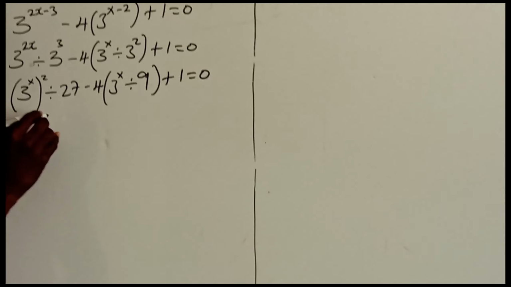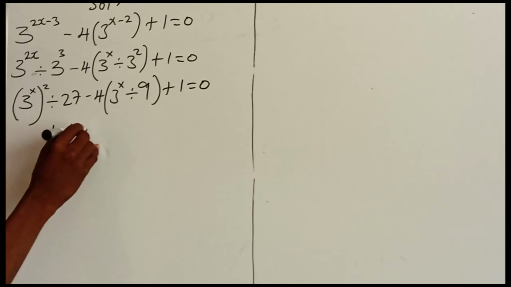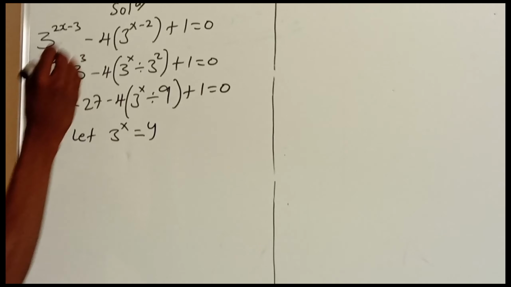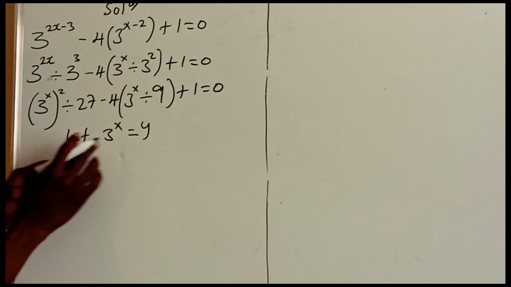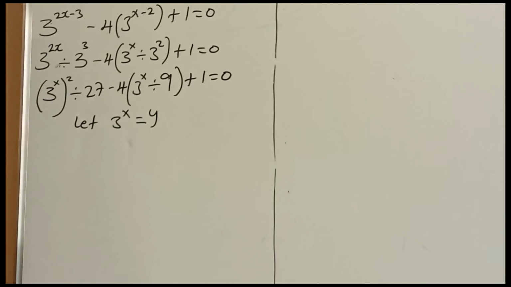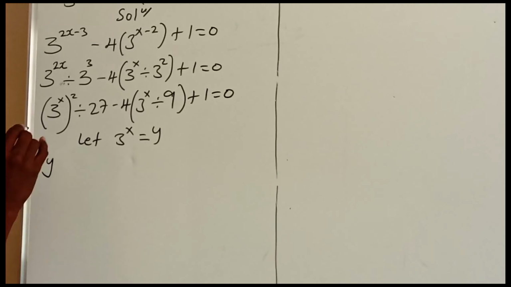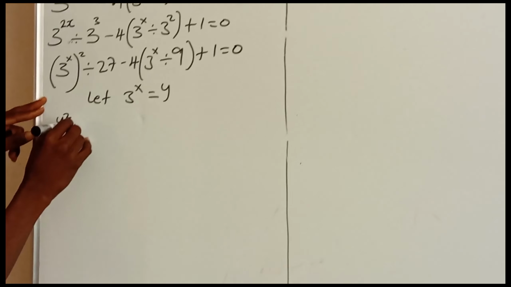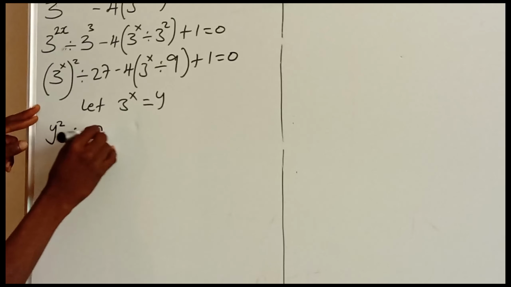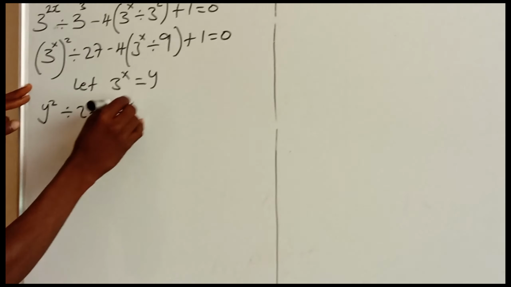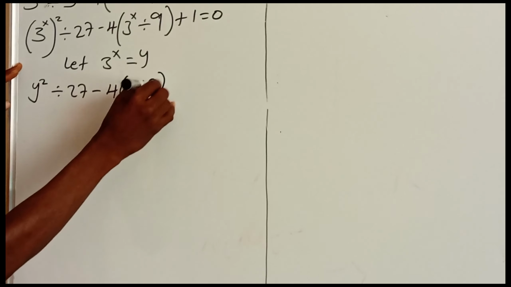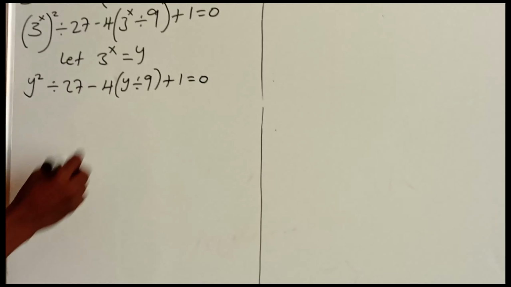So you let 3 raised to the power x be equal to, let's say y. So wherever you see 3 raised to the power x, you write y. So you see y raised to the power 2 divided by 27 minus 4. So you write y divided by 9 plus 1 equals to 0.